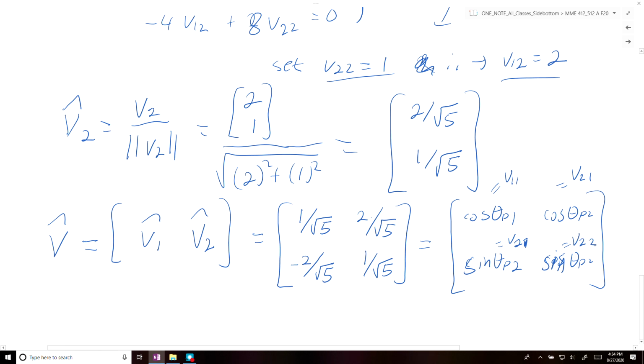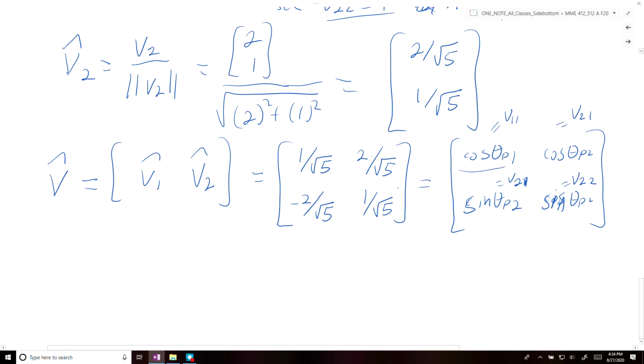So you could use this relationship to solve for the angles, and in the next video we'll show you how you can rotate the stress element from its original position to the position where the principal stresses are acting.